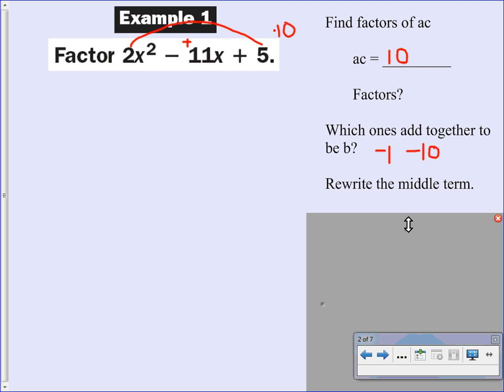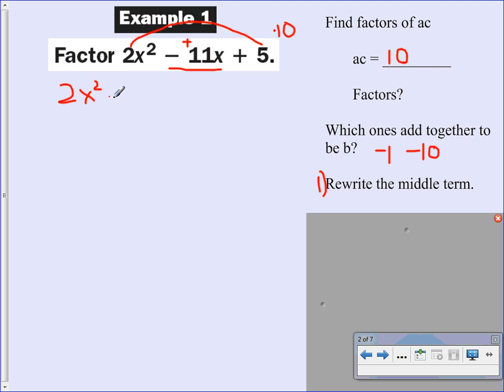Sorry. What we need to do now, so this is going to be kind of our new first step. Now that you have your two factors, here's the first thing that we're going to do. We're going to rewrite this middle term. That negative 11x, we're going to use our negative 1 and negative 10 to rewrite that middle term. We're not just going to write those as our answers anymore. So now we have the expression 2x squared, and now I'm going to use my negative 1 and negative 10.